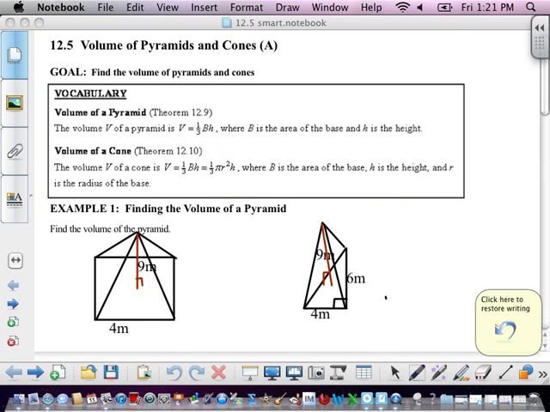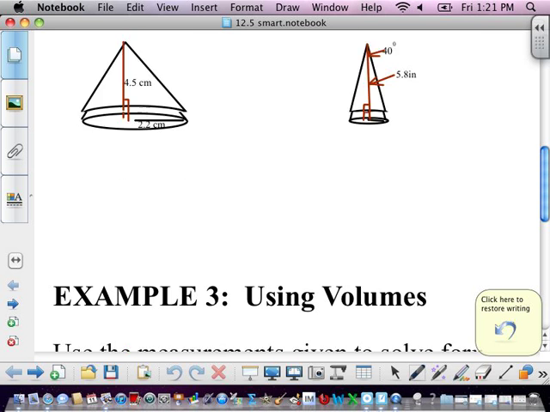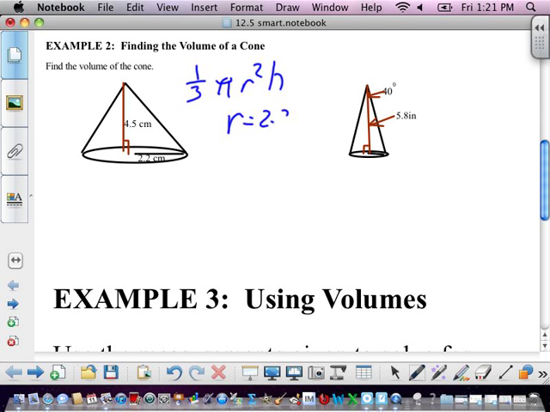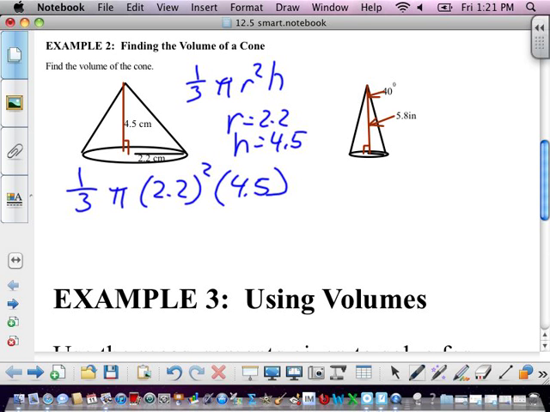Okay, this disappears. We move on to cones. We know the volume for a cone is 1/3 pi r squared height. So r equals 2.2, height equals 4.5. Great, so now I plug it in. Who thinks they know why it's 1/3?